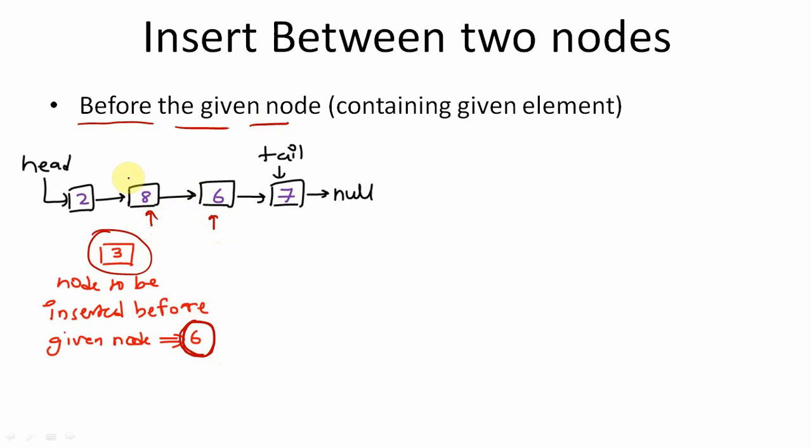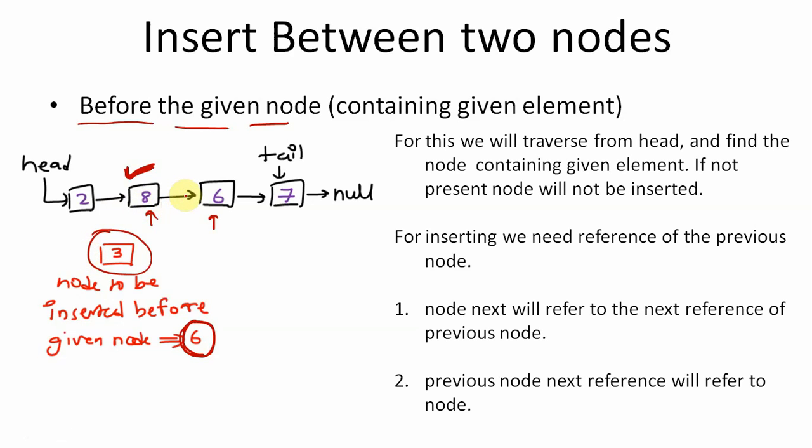So what I have to do, I want the reference of this particular node. Why? Because this node now will refer to the new node. Let's see the process. What we have to do, for this we have to traverse from head again and find the node containing the given element.